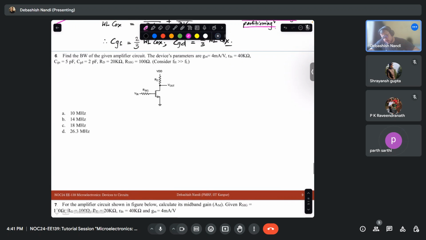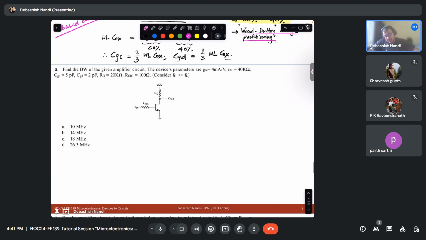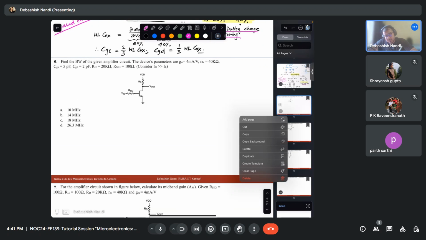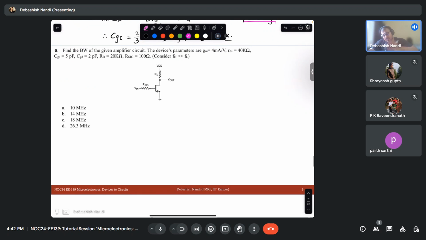So yeah, find the bandwidth of the given amplifier. The device's parameters are GM, RDS. So how do you find out the bandwidth of certain circuits?